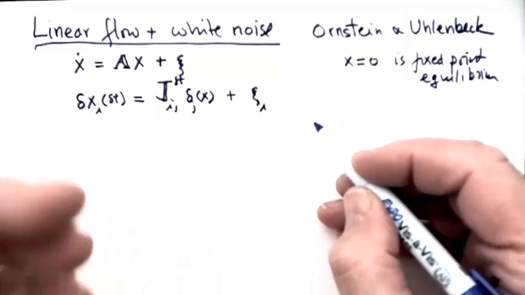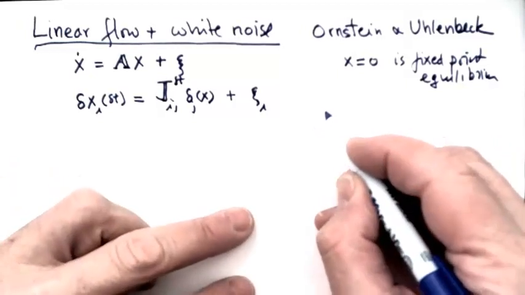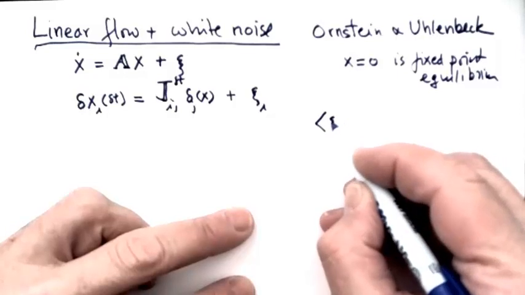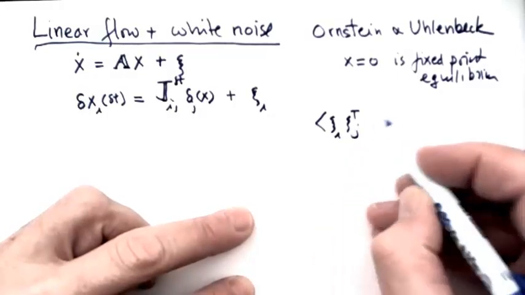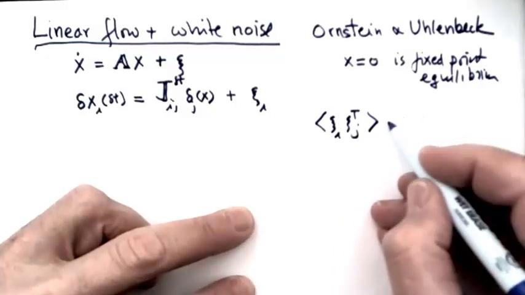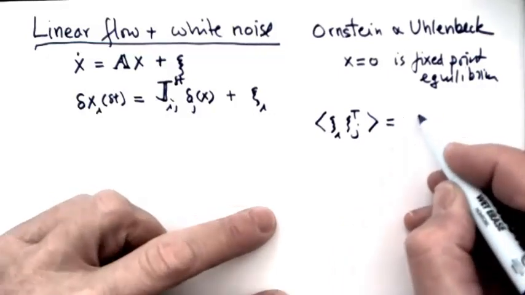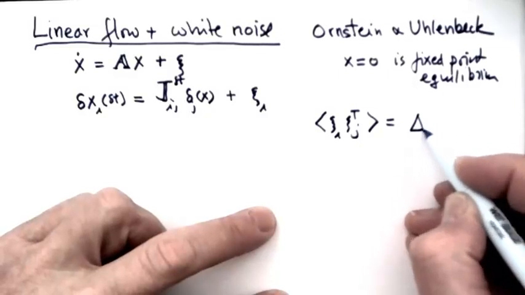And the noise we would like to be diffusive, which means that if we average over the noise, sigma i sigma transpose j, we would like it to be some kind of diffusion matrix, delta ij.